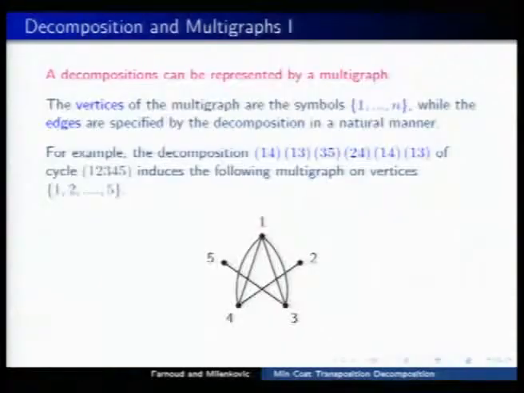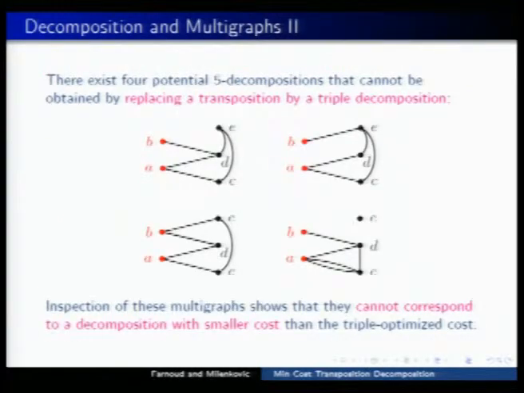Suppose that you have all these elements here, and for each transposition in the decomposition, you have one edge in the multigraph. So let's say this is a decomposition for which you want to find this multigraph. There are two edges from 1 to 3 here, and there are two transpositions in the decomposition.